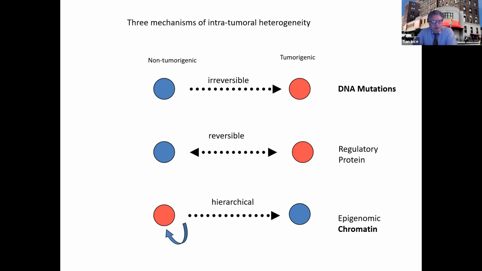At the top, you go from a non-tumorigenic to tumorigenic cell, and if it happens through a DNA mutation, it's essentially irreversible. For a mutation to revert back is 10 to the minus, I think, 18 or something like that, a very small possibility.